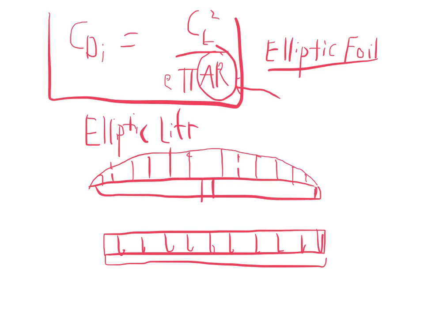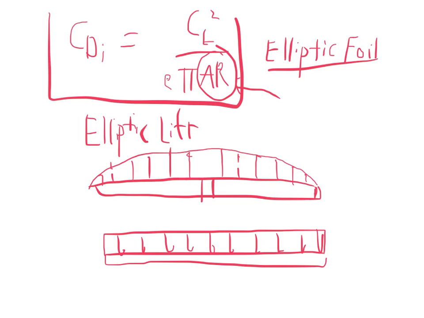A tapered wing, which is a trapezoid, has a peak efficiency of about 0.95 for E, at a taper ratio of something like 0.4, 0.35. So you can get pretty close to 100% efficiency even if you don't want to go and construct an expensive rounded wing. So that's the general formula for induced drag.